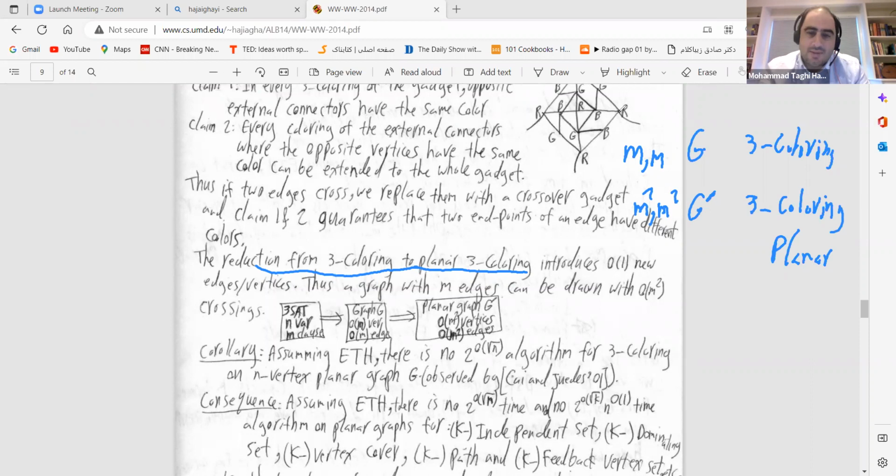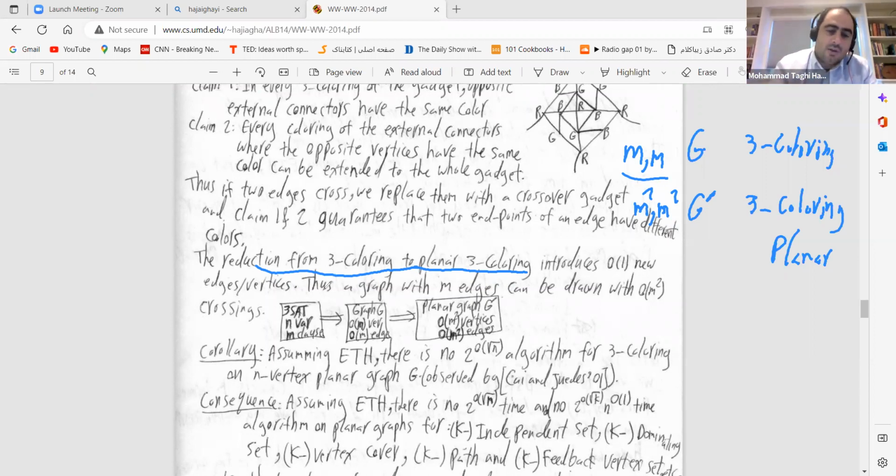Because each crossing of these edges gets a new vertex, and this graph had m vertices and m edges, it is easy to see that each edge can cross m other edges. So the total number of new vertices that we add, the total number of vertices in this planar graph, would be m square, and the number of edges would also be m square.